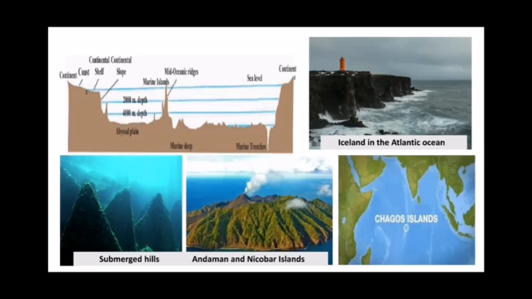These hills are hundreds of kilometers wide and thousands of kilometers long, as we have mountains and hills on the land, like Mount Everest, then the Aravallis in India. Similarly, there are many hills and mountains found under the oceans, hundreds and thousands of kilometers wide and long. The peaks of some of these submerged hills can be seen above the sea level.